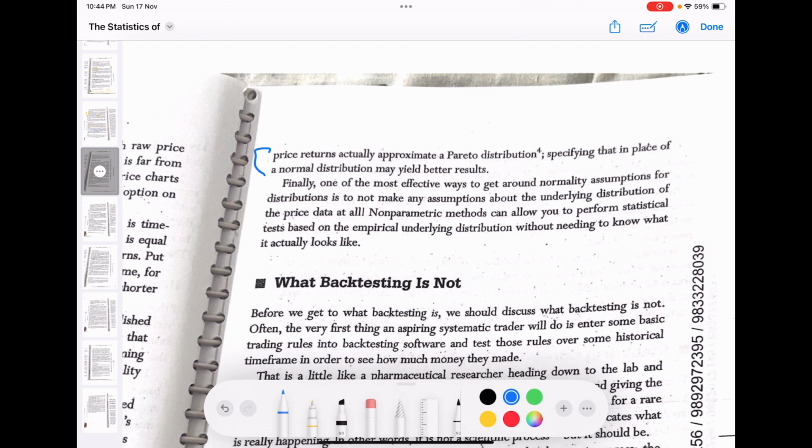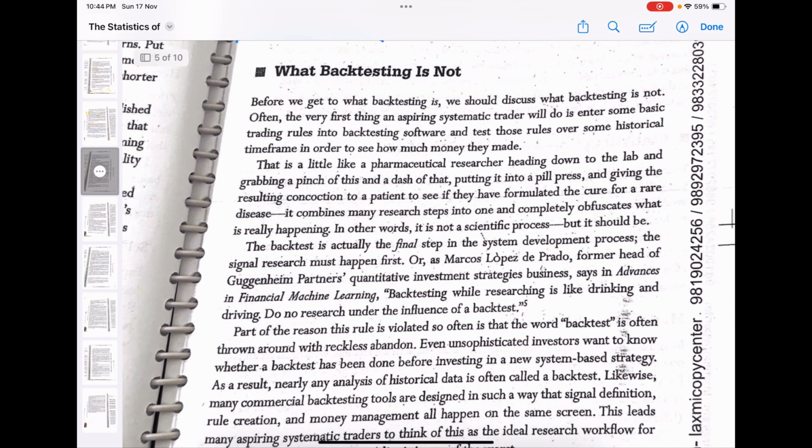Finally, one of the most effective ways to get around normality assumptions for distributions is to not make any assumptions about the underlying distribution of price data at all. Non-parametric methods can allow you to perform statistical tests based on the empirical underlying distribution without needing to know what it actually looks like.